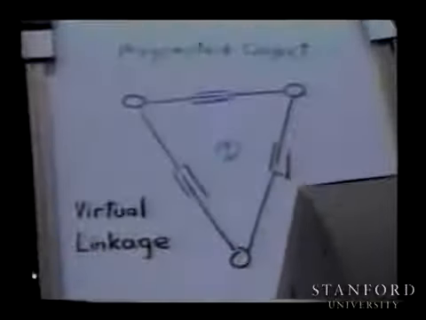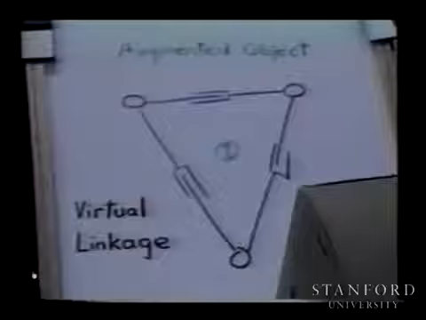You need to control internal forces, and there is a model called the virtual linkage model that we developed to allow us to capture those variables that you have internally. And for the first time, we were able to produce four-arm manipulation.